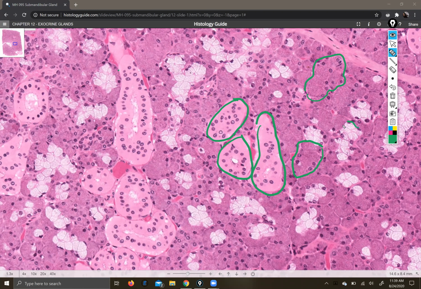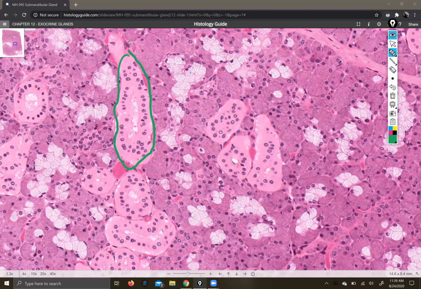So these ones are easy. They're ducts. How do I know? Well, I have a cuboidal to columnar maybe epithelium, and I've got a lumen. So here's another one. Now, granted, you can't actually see the lumen in every single one of these. It just depends on the angle of the slice.